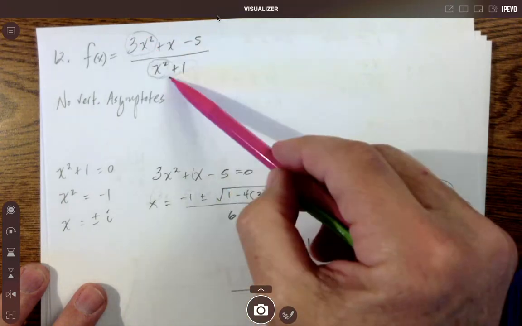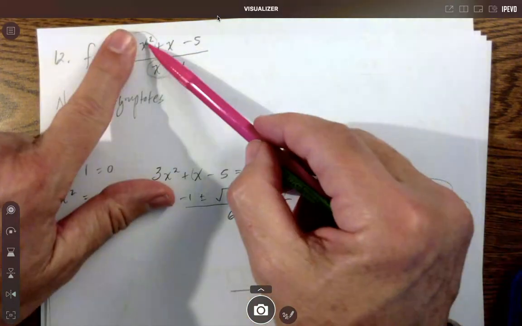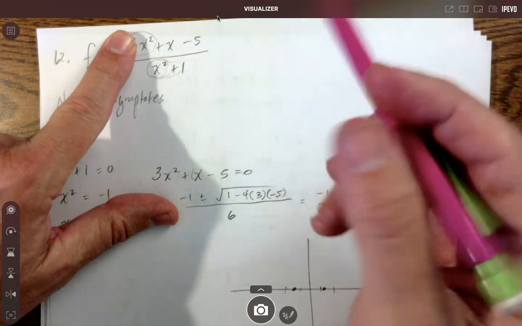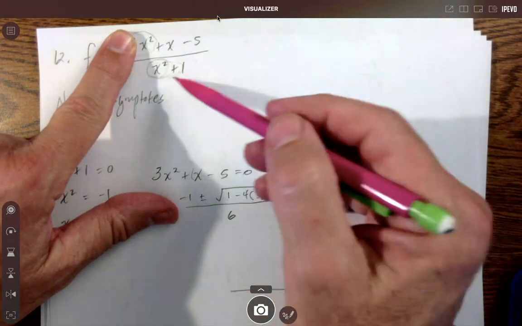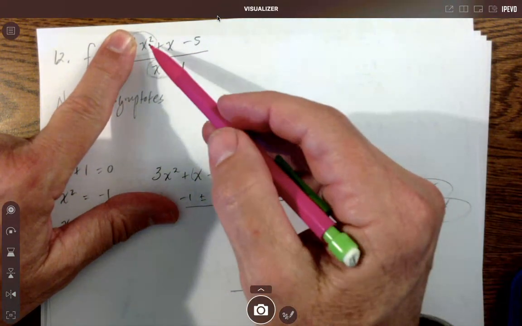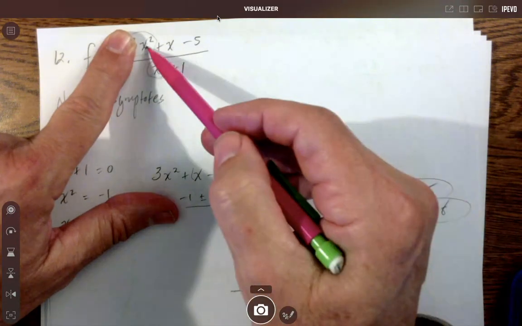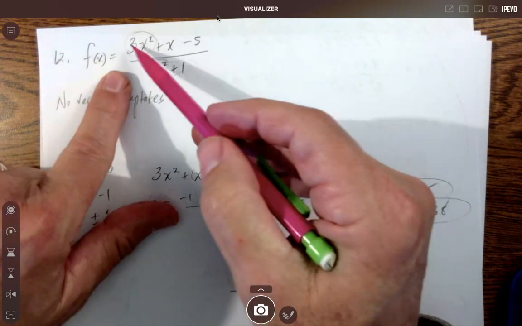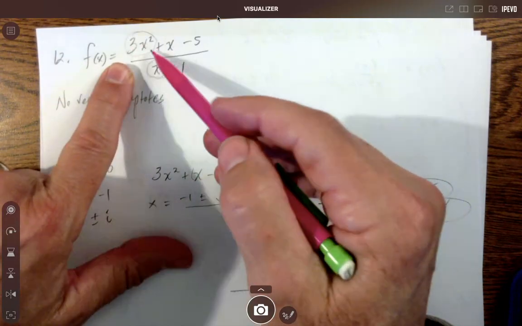Notice they're both x squared. So if there were x squared over x squared, they would basically grow at the same rate. So in that case, y would equal 1, because something divided by itself is 1. But this will always be multiplied by 3.